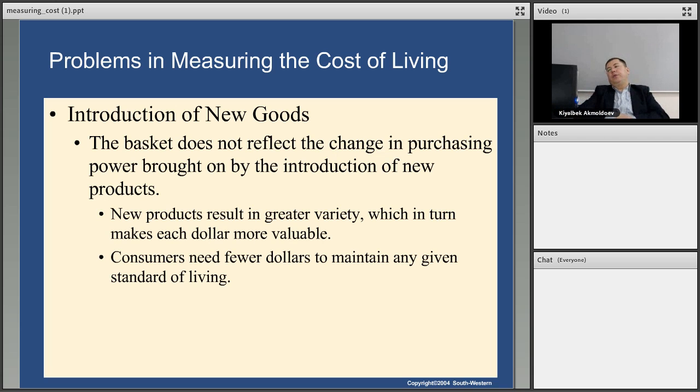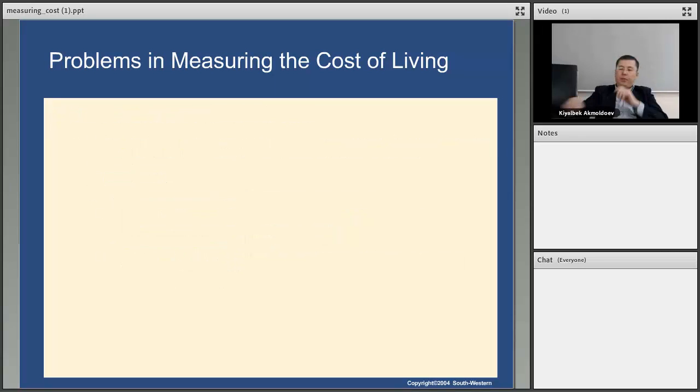So introduction of new goods, what is it? The basket does not reflect the change in purchasing power brought by any introduction of new products. New products result in greater variety, which in turn makes each dollar more valuable. Consumers need fewer dollars to maintain any given standard of living. This is also very important, ladies and gentlemen.